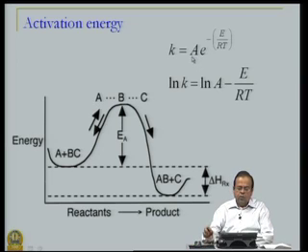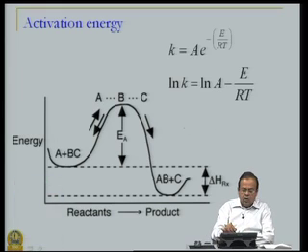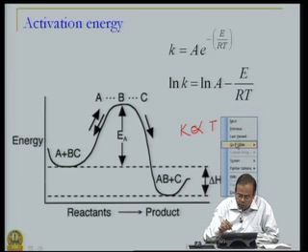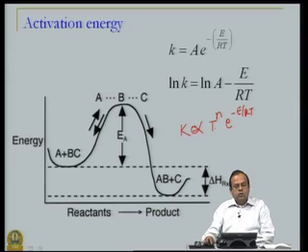In a more generalized form, k is proportional to T raised to power n times e raised to minus E by R T, where n can be 0, 1, half, depending on what framework one is developing for looking at the activation energy.